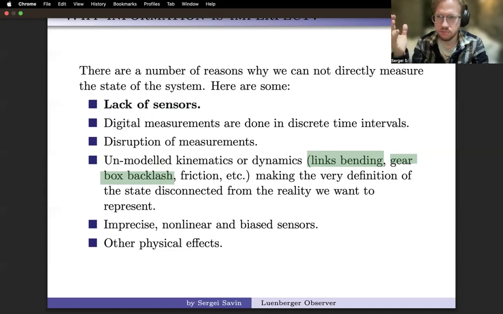That's enough for there to be a difference between what you're measuring on the output shaft and what actually happens on the input shaft, for example, or what you're measuring on the input shaft and the link that is attached to the output shaft. There will be a disconnect, is what I'm trying to say.